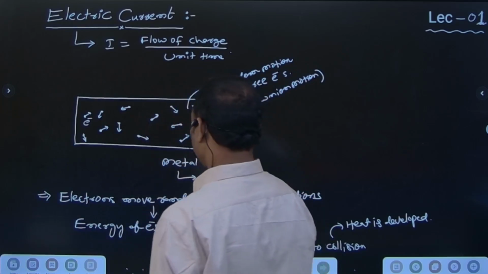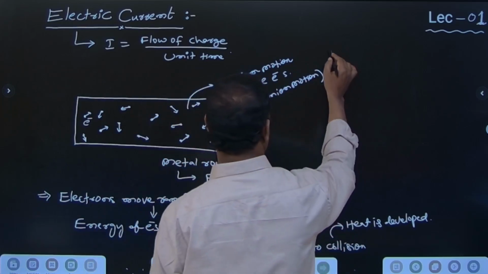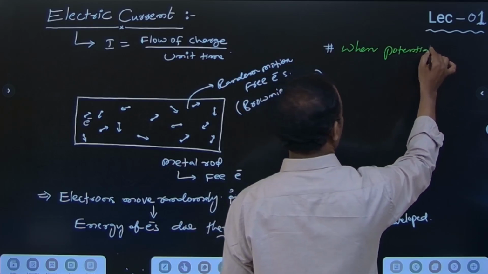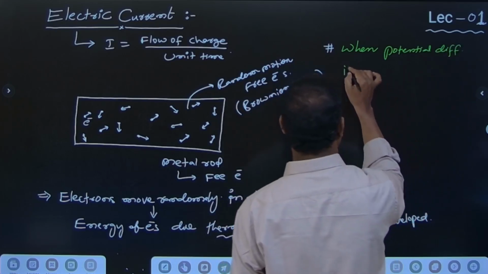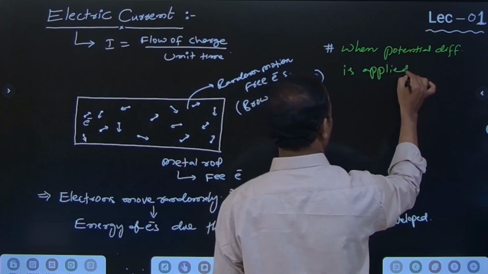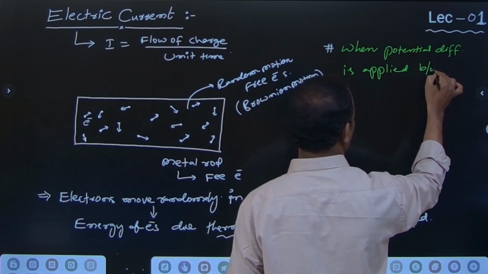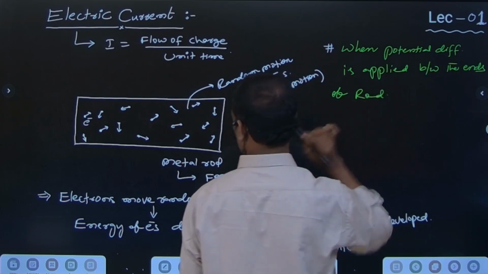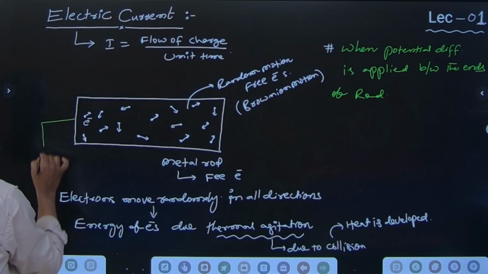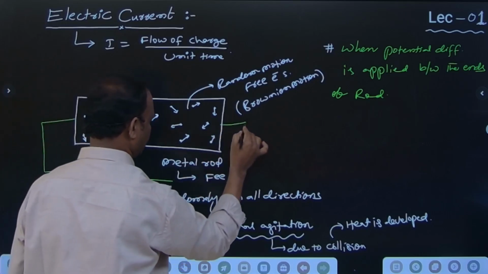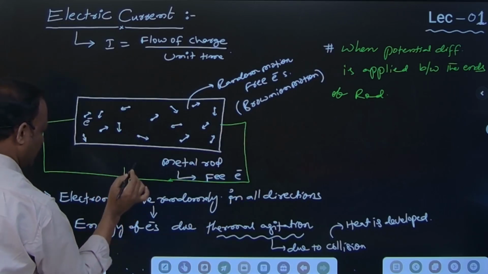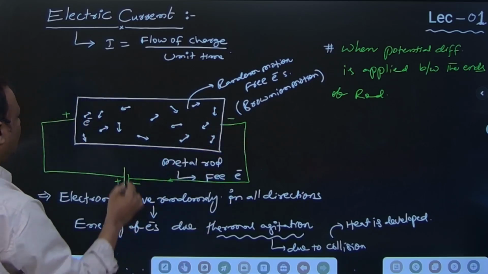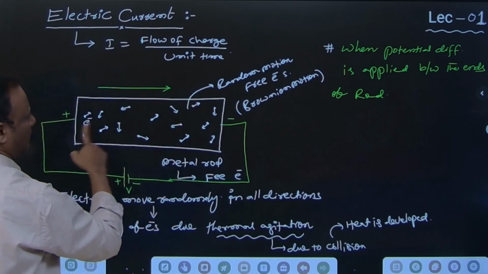Next, in this situation, a potential difference is applied between the ends of the rod. This end is positive and this is negative, high potential and low potential, with potential difference V. Immediately an electric field is created from positive to negative.